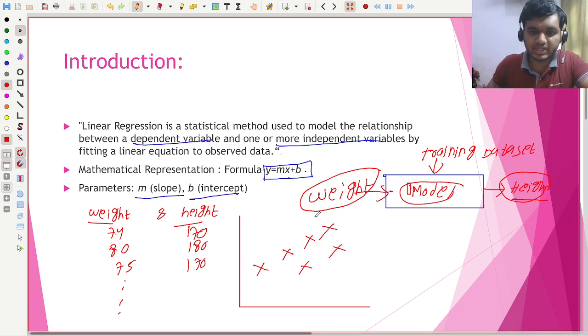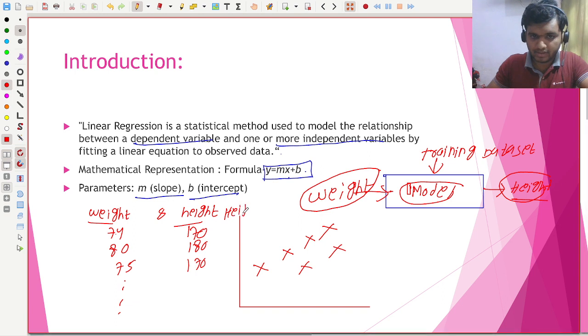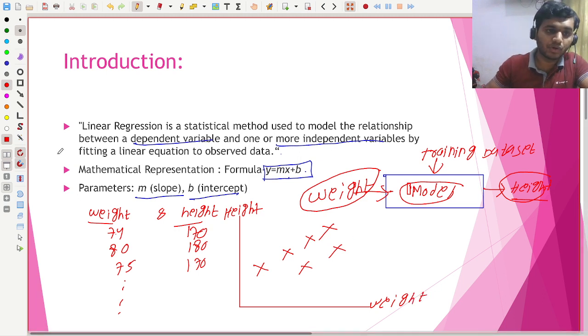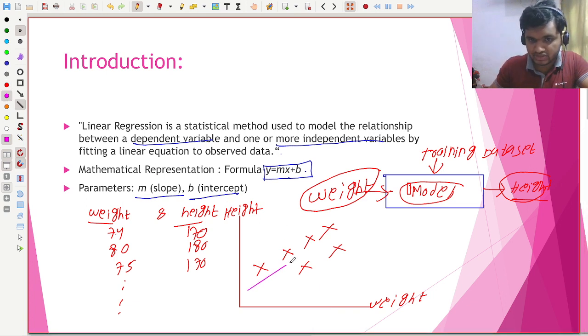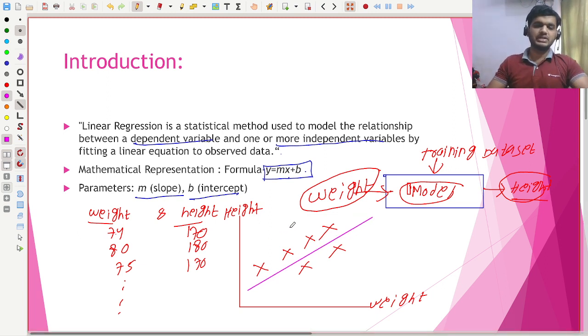You draw these points like this, with height on one axis and weight on the other, and you draw a line so that the error is minimum. The perfect line will be like this. So it is the linear regression.